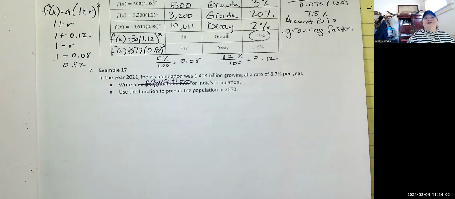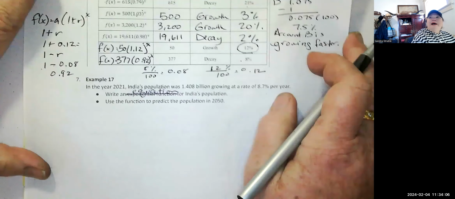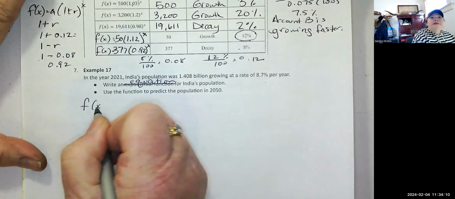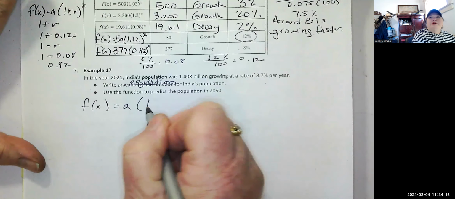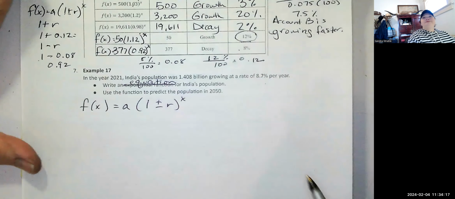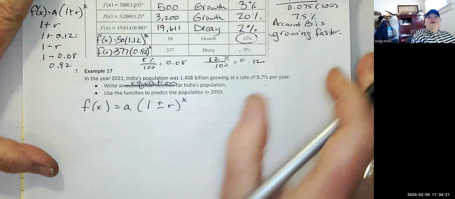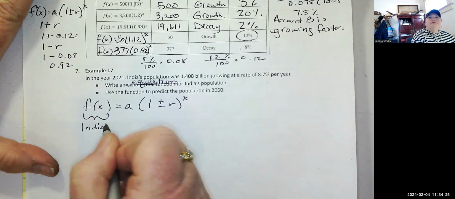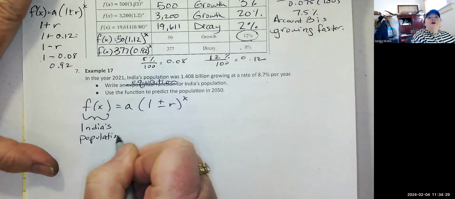All right, so we know it's exponential because it's growing at a percentage. That's how I know that. So I'm going to use f of x, my exponential function, a(1 plus or minus r)^x. We're going to use f of x, it's going to be called India's population. We need to understand what each of these things are.